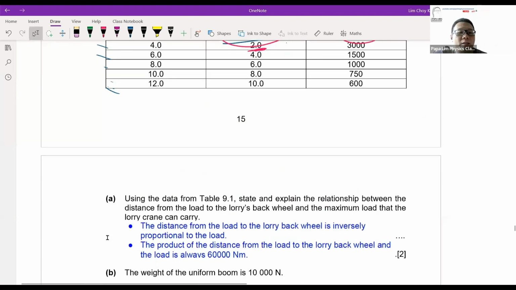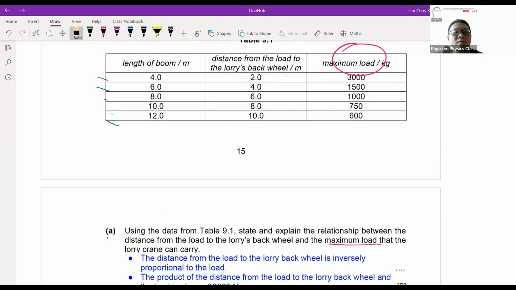Now for question A, using table 9.1, state and explain the relationship of the distance and the loads carried. Based on this, one of the obvious pieces of information is that as the load decreases, the distance from the load actually increases.